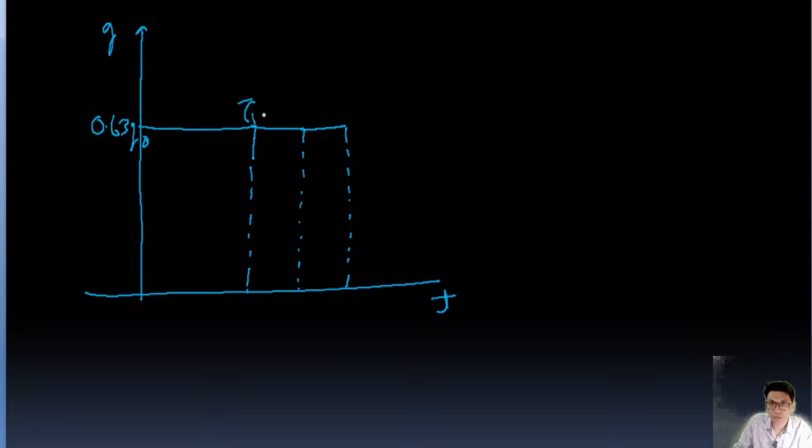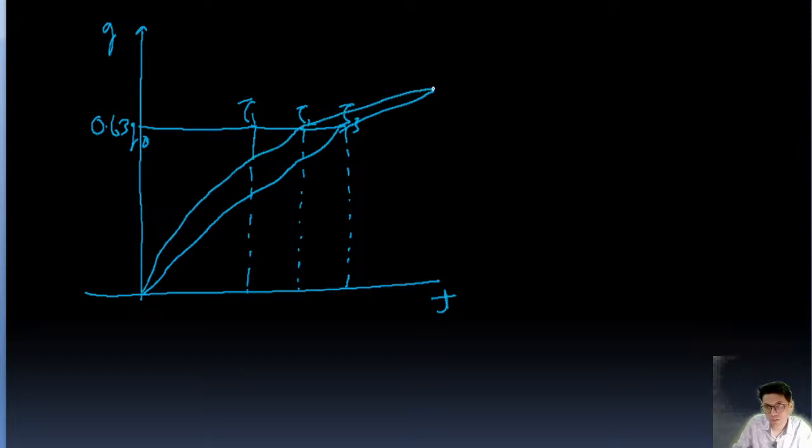This is tau 1, this is tau 2, and this is tau 3. If we draw the graph from here, it is going to be like this, the second one like this, and the third one like this. This type of graph is for tau 1, tau 2, and tau 3.